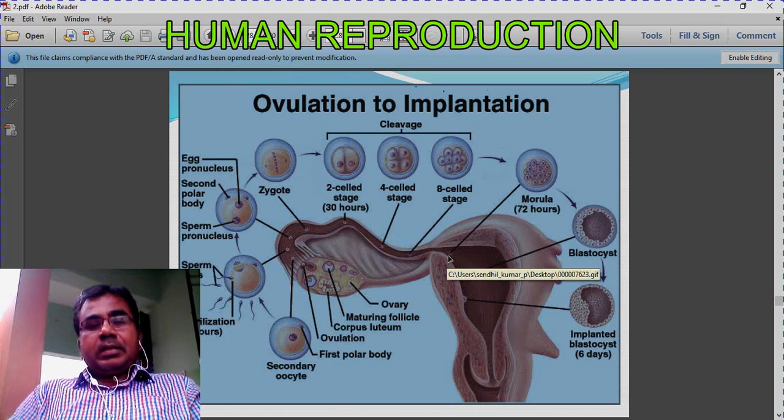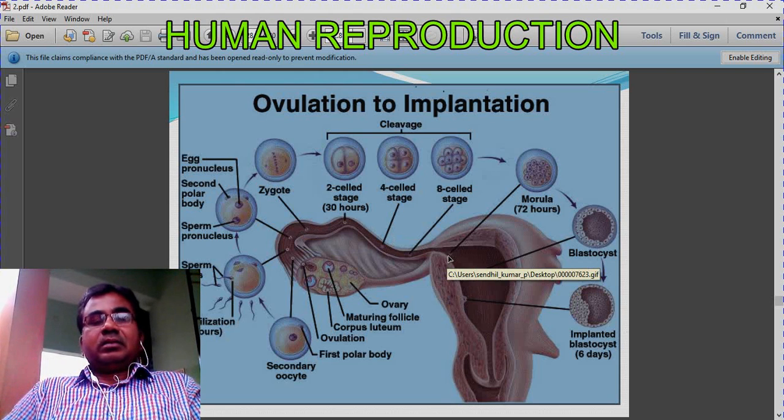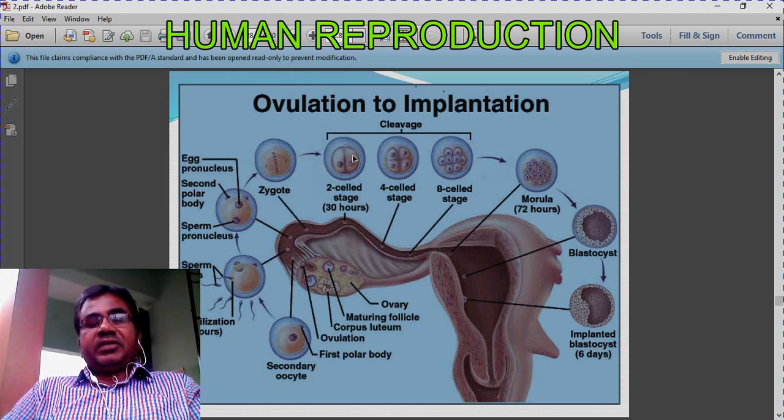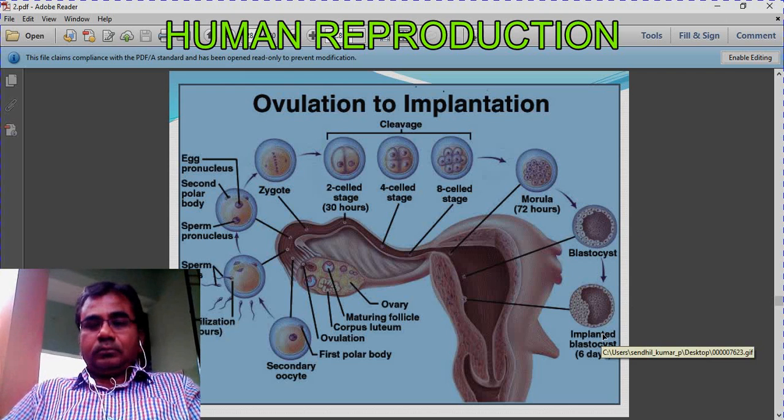This diagram shows the process of ovulation, fertilization and implantation. This is the process where a single-celled zygote is divided many times. It undergoes cell division and produces morula, blastocyst, and later it will develop into the embryo.